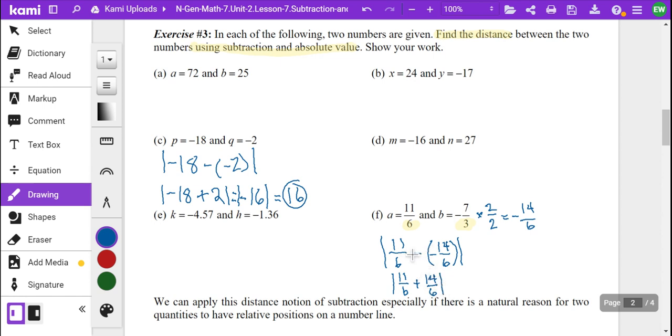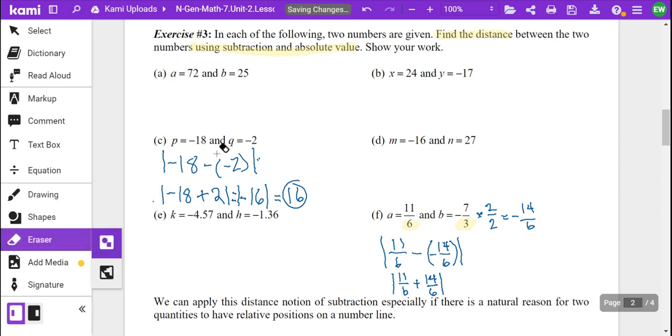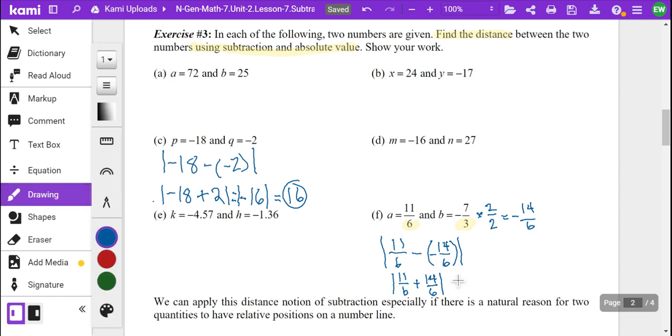Now remember, you can manipulate these to make it easier on yourself, right? If you understood back in C that if I have negative 18 and I subtract negative 2, that was negative 16, you could have skipped this step right here, right? All right, so 11 plus 14 is 25, sixth.